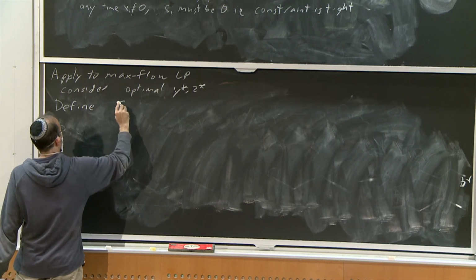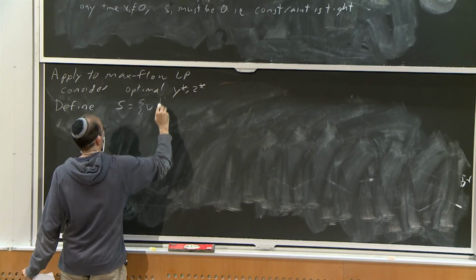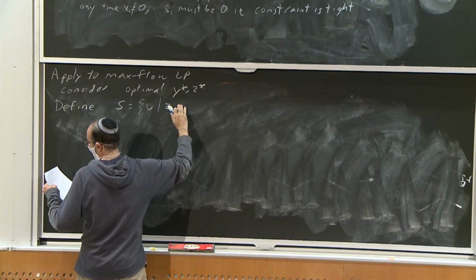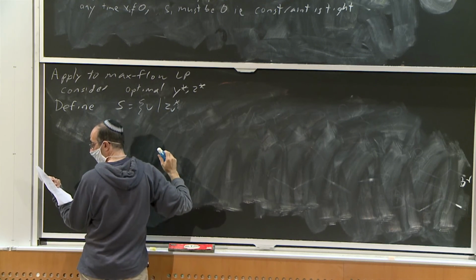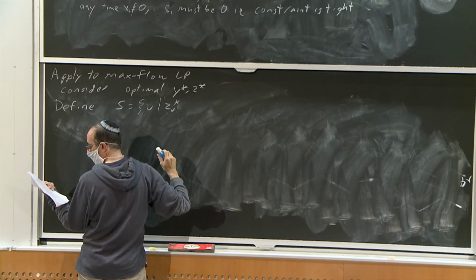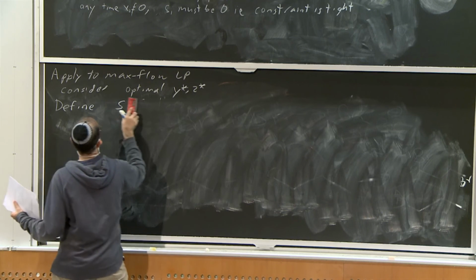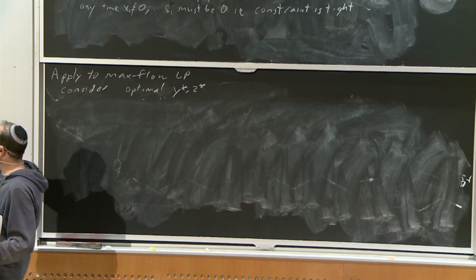I'm going to define a set S of vertices. Let me point out that, again, we have a shift invariant linear program here.